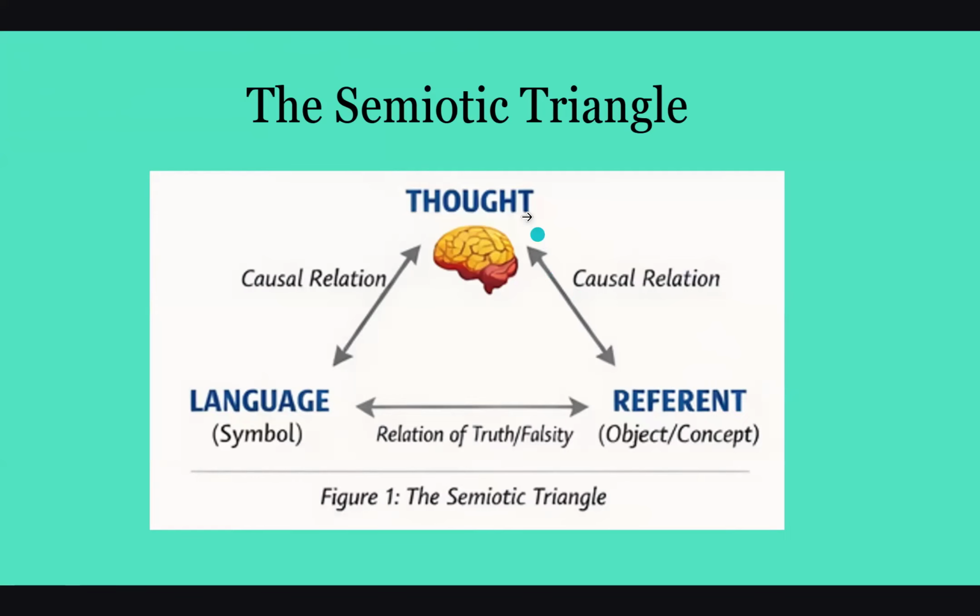At the top of the triangle is thought, which refers to the mental processes behind language. However, thought can be misleading because language production is often unconscious and includes not only rational thinking but also emotion and intention.